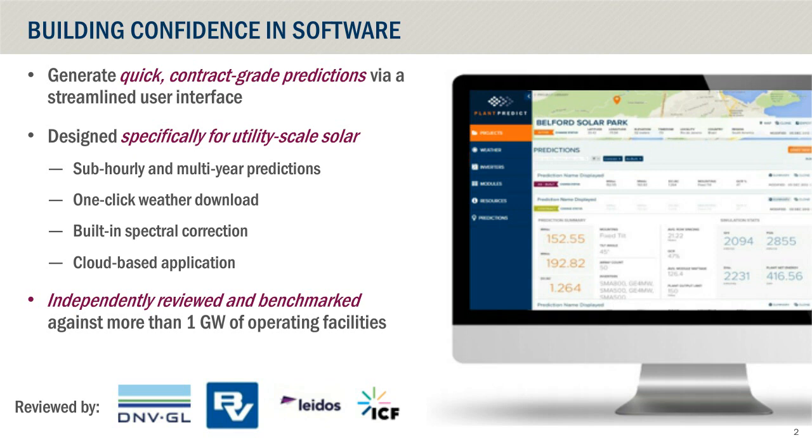And there's no reason to reinvent, for example, how the sun moves in the sky. That's something that we just didn't need to rederive. And so we've really relied on those tried and true algorithms that have been in the industry for decades and wrapped them in a new, modern, faster process in PlantPredict.